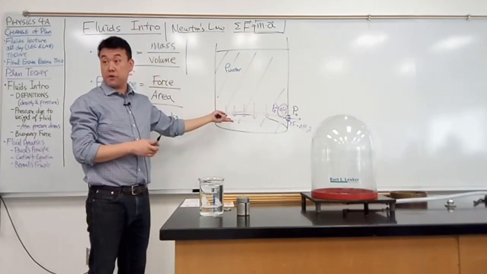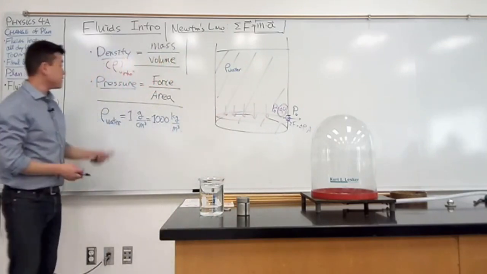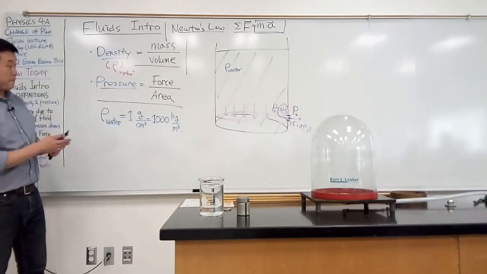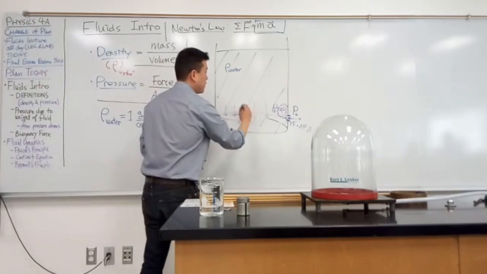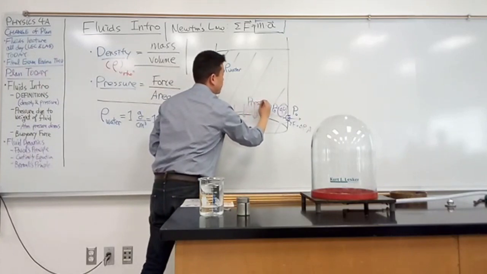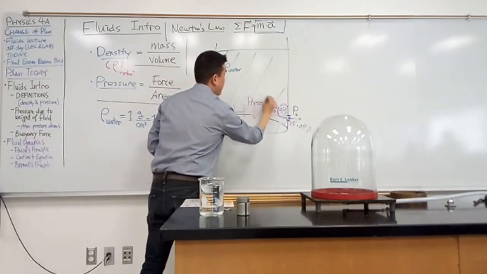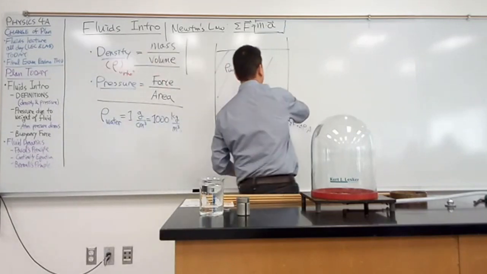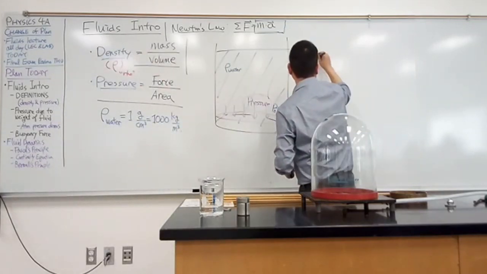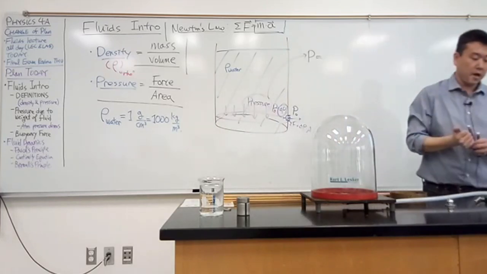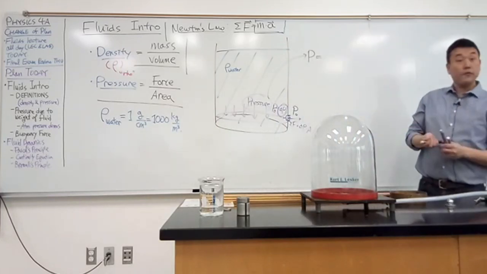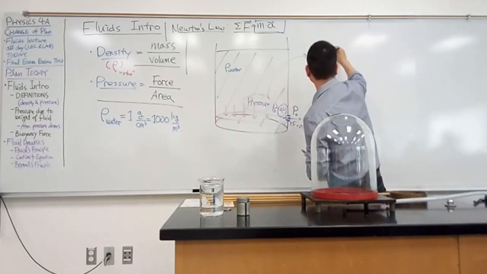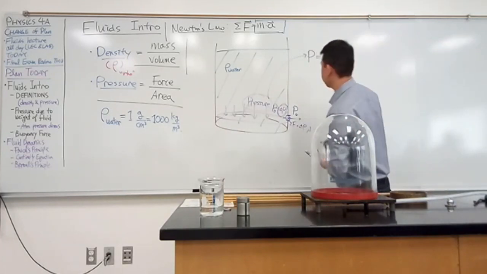So we can calculate the pressure, and we can do it easily using the definition of pressure that we introduced. If I want to calculate the amount of pressure here, then the pressure P is equal to some amount of force, that I'm going to figure out in a bit, divided by area.